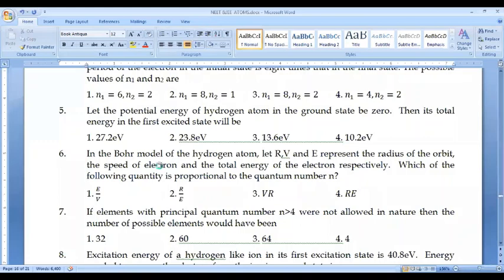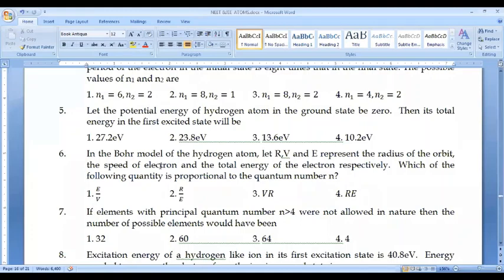So we'll go to the next question. Question number 5. Let the potential energy of the hydrogen atom in the ground state be 0.